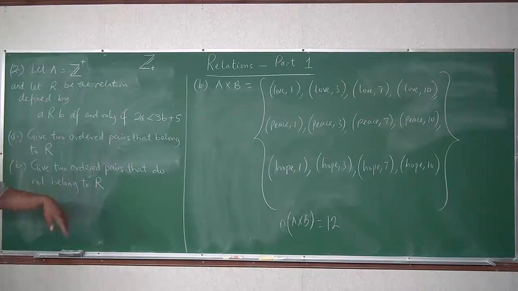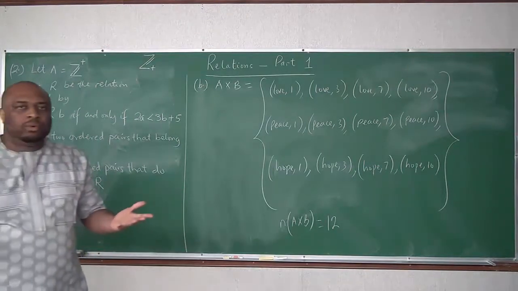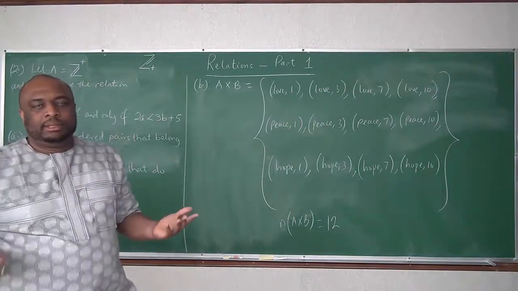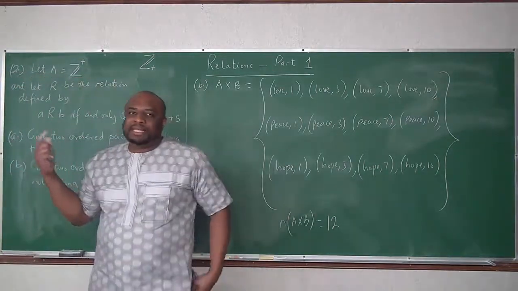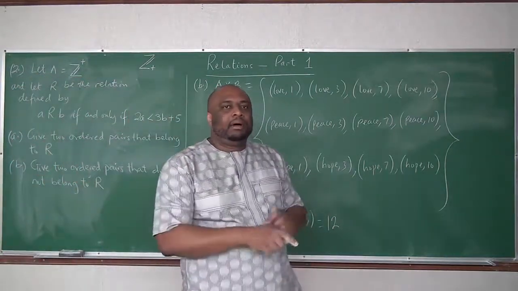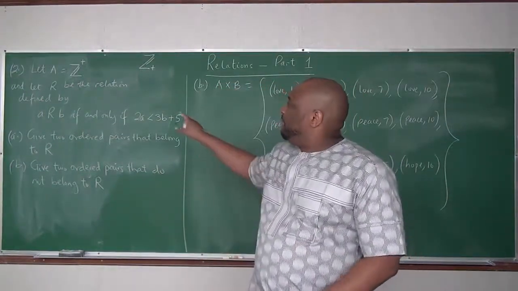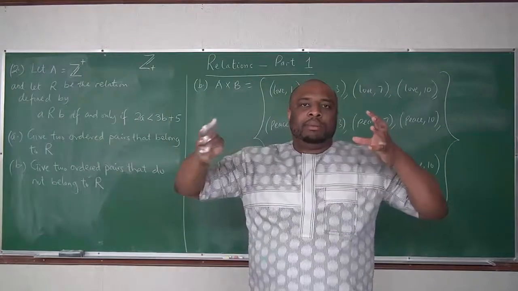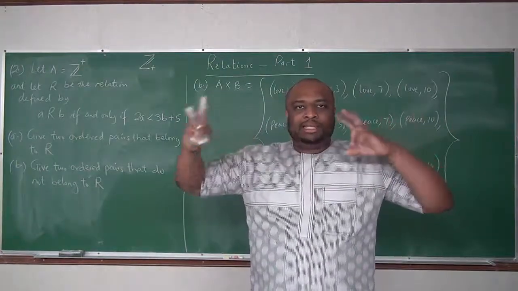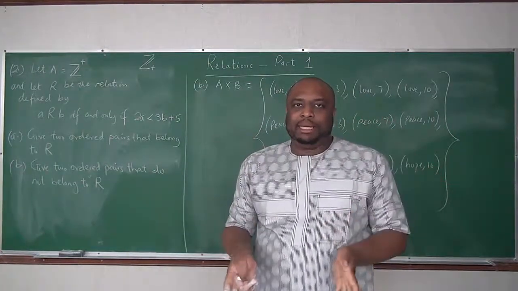Okay, so in this case you see they gave us one set, set A. But set A is the set of all positive integers. So we have a relation between any two elements of that set.